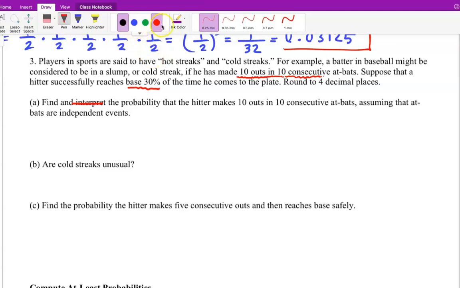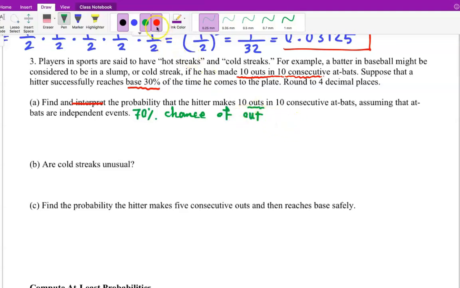Now what we have here is, since I have 30%, that is success. Here it's asking for failure, so we have outs, but successfully reaching base is 30%. What that means is, for this part we have a 70% chance of out.